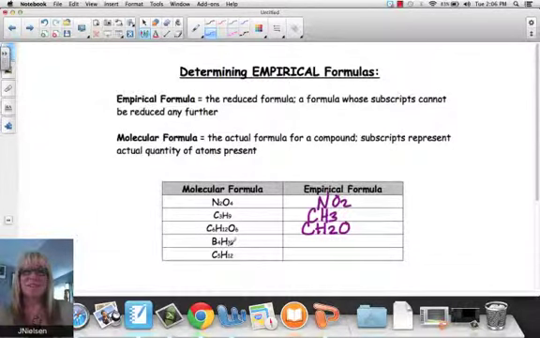B4O10, common denominator here would be 2, so this would be B2O5. And C5H12, well, that can't be reduced any further, so this would just be C5H12. So sometimes the empirical formula and the molecular formula are one and the same.